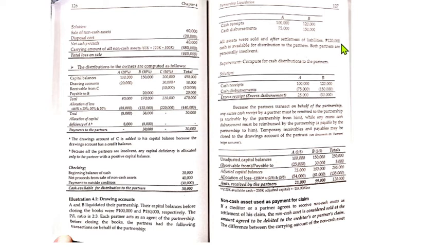So, ito na lang yung paghahatian nung partner A at partner B. However, based on our computation of the adjusted capital balances, 255,000 pa dapat ang balance ng cash para maging sufficient or mabayaran lahat yan. So therefore, meron tayong loss dito. Magkano yung loss? 120 minus yung 255. Therefore, ang loss mo dyan ay 135.